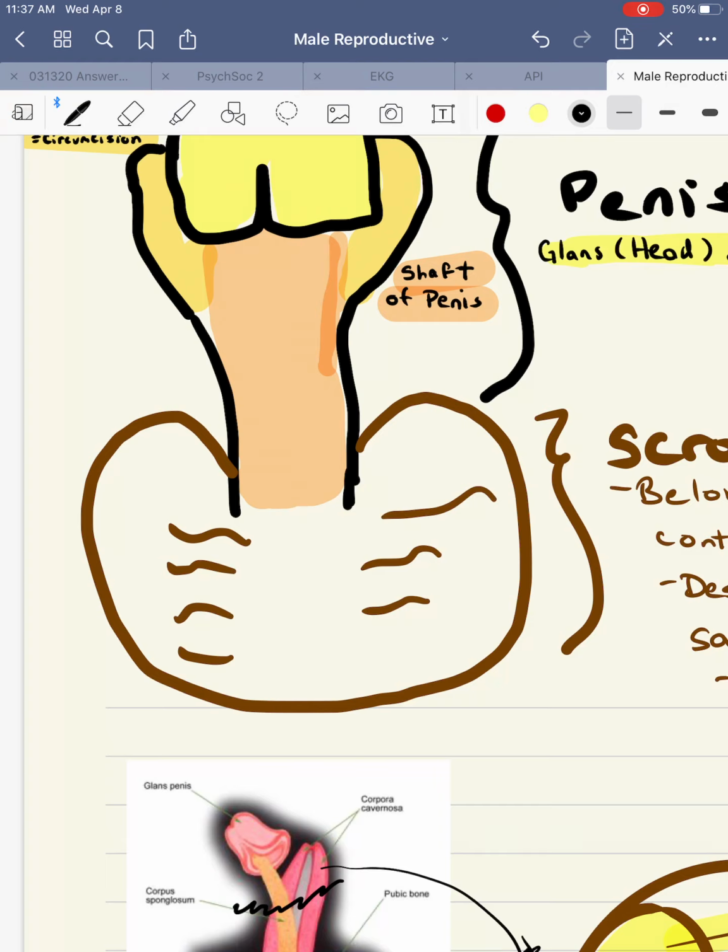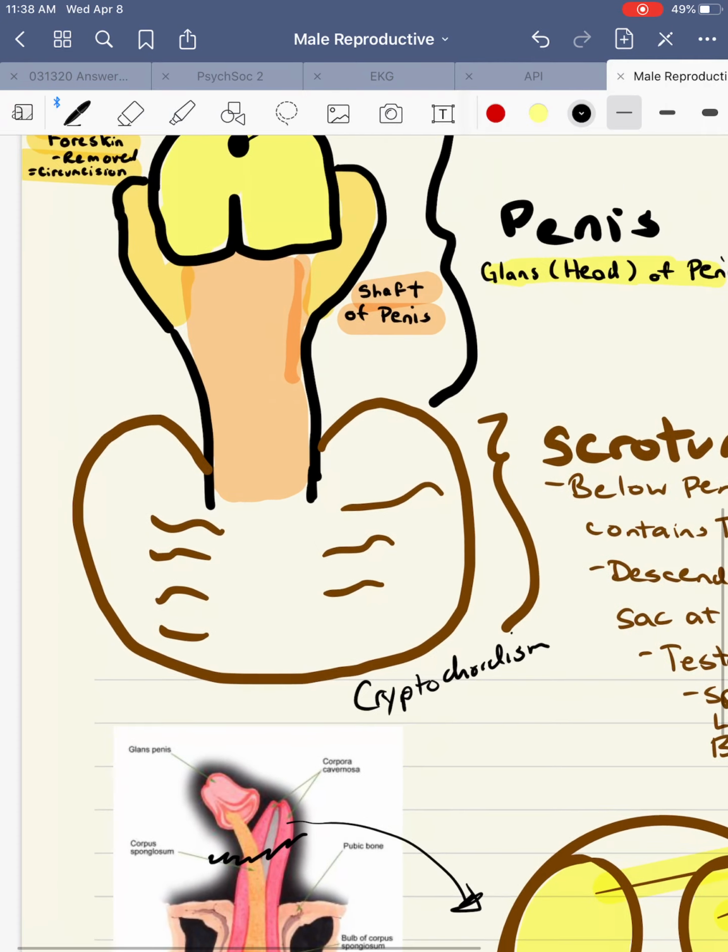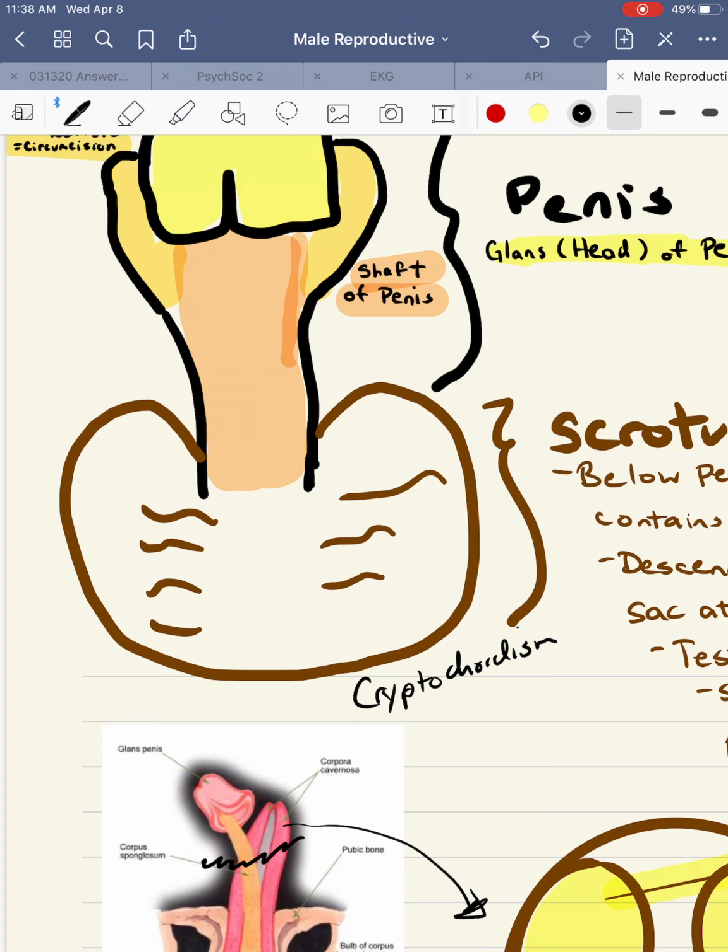If it does not descend, you are actually considered infertile, and that's a condition called cryptorchidism, the failure of the testes to descend into the scrotum, the scrotal sac.